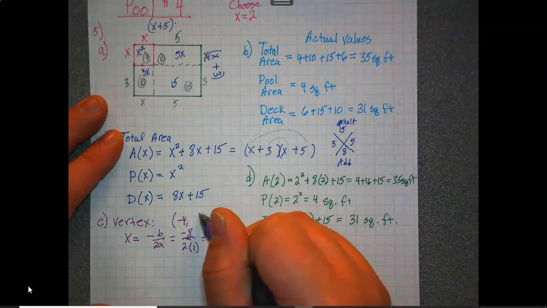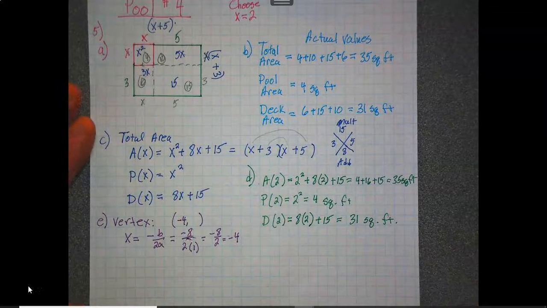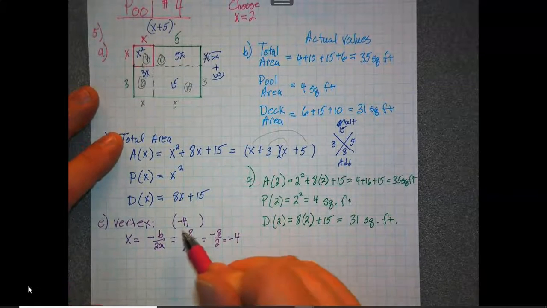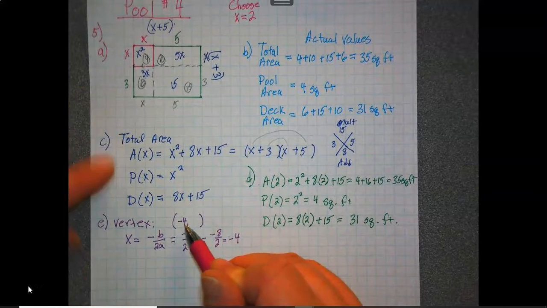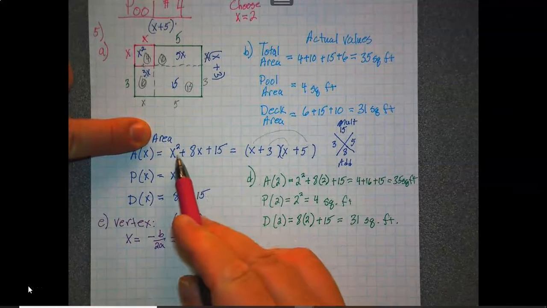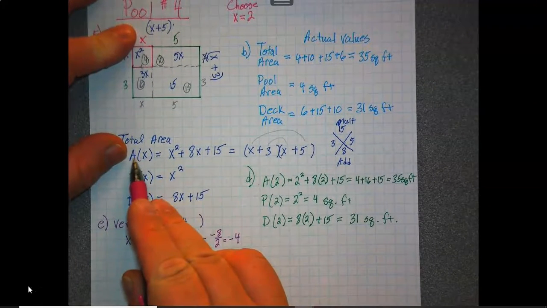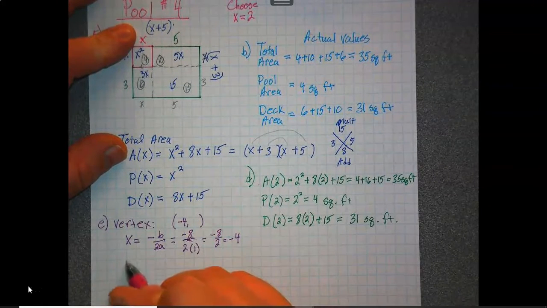How do I get the y-coordinate? Well, I know x is negative 4, so I could plug in negative 4 for my x. I'm just going to put y in for the a of x.